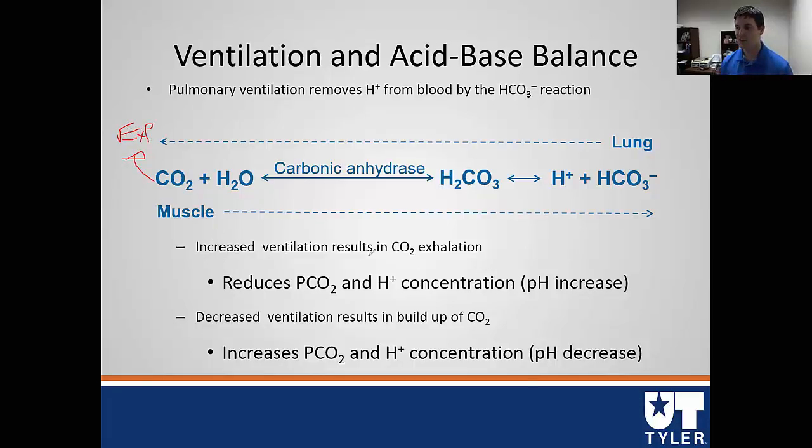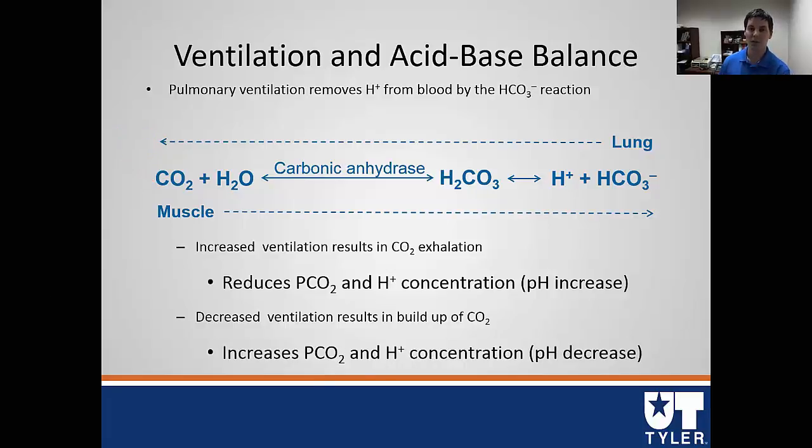So increased ventilation results in an increase in carbon dioxide exhalation. This reduces our partial pressure of CO2 and our hydrogen ion concentration, ultimately causing an increase in pH. Right. If we, for some reason, have a decrease in ventilation, then we get a buildup of CO2, which then causes pH to decrease.